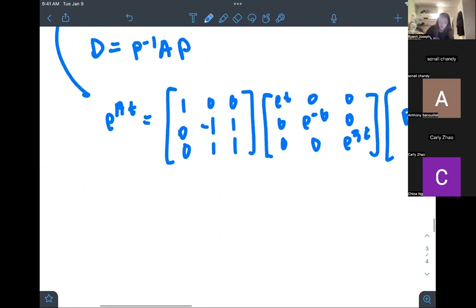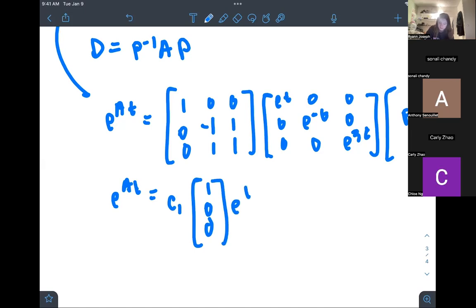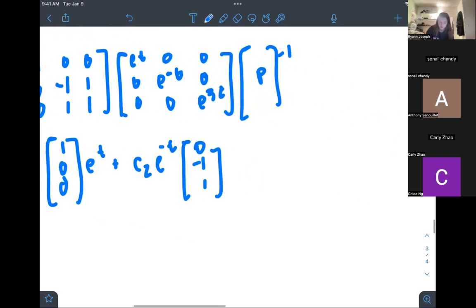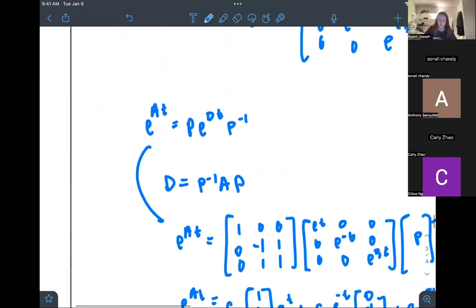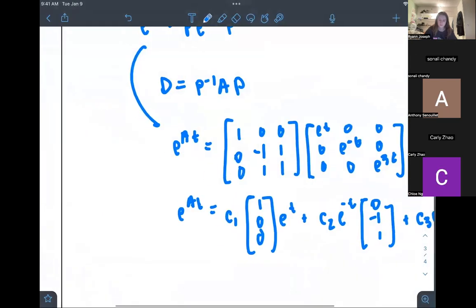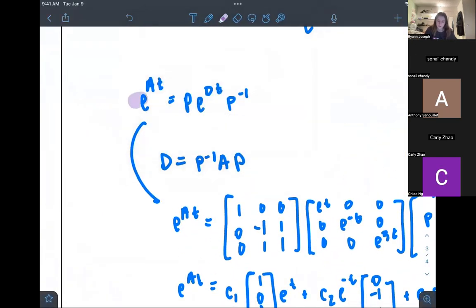After some matrix multiplication, we can distribute this and we get a matrix, which we can then show is equal to what we expect it to be, the associated eigenvectors and their eigenvalues of this form. The main purpose I did this question is that it's related to fundamental solution matrices, and this equation is something I would have on a cheat sheet just in case something's asked about it.